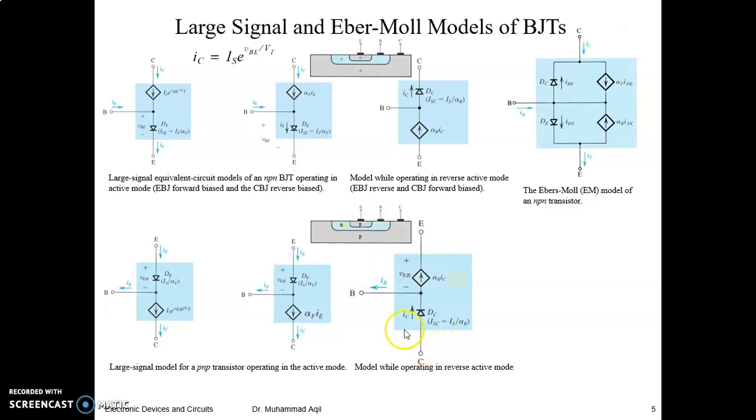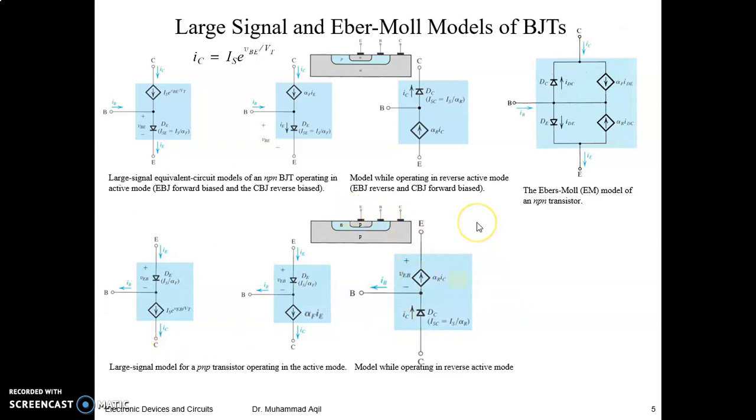You still have the collector-base diode forward biased and the emitter-base junction acting as a current source, but because of the structure and doping differences, this active mode would not be as much affected as in the other direction, right? So it's okay. Three terminals, the user can connect in any way, right?